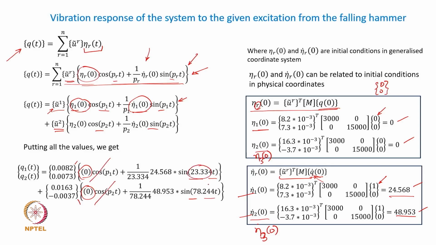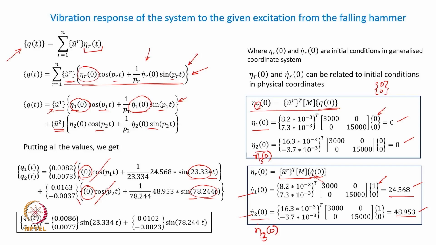So, the modes which are contributing are both the 23.33 radians per second first mode and the 78.22 radians per second mode. So, if I write this equation by getting rid of the cosine terms because of multiplying a quantity being 0, then you are finally going to get this as your final response.